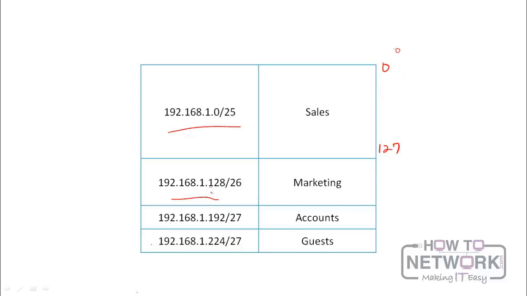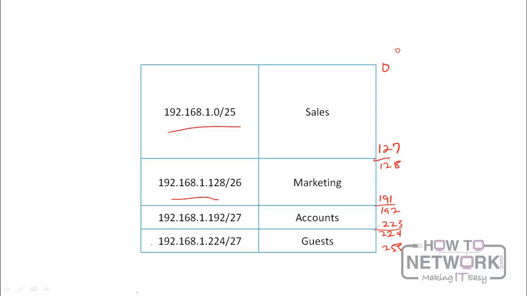Here for marketing, we have 192.168.1.128/26, and it's going to start from 128 all the way to 191. And here we are going to have accounts at 192.168.1.192/27, and that will be 192 all the way to 223. And for our guests, we're going to have 192.168.1.224/27, going from 224 to 255.